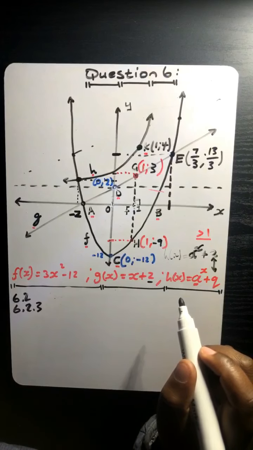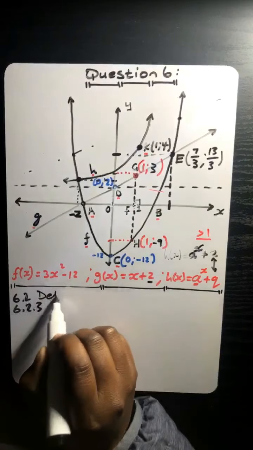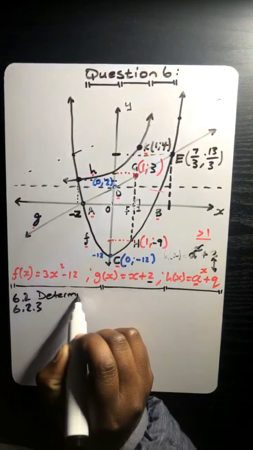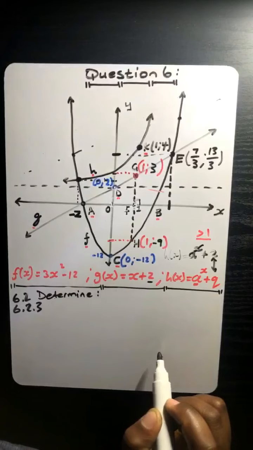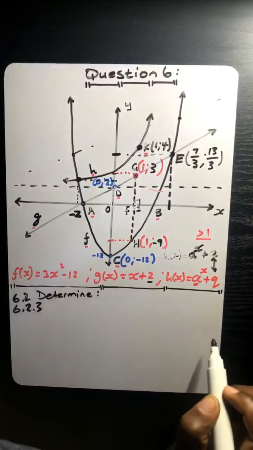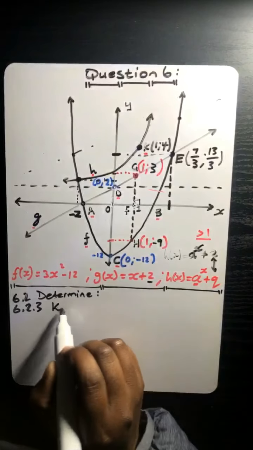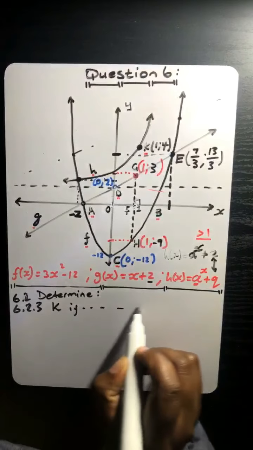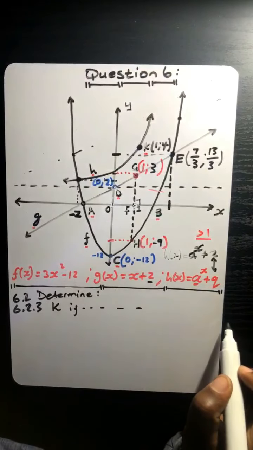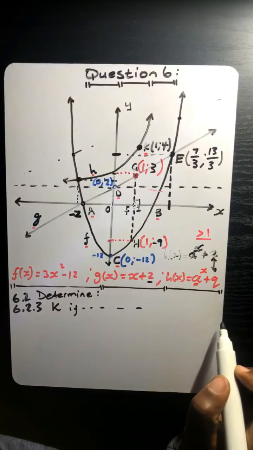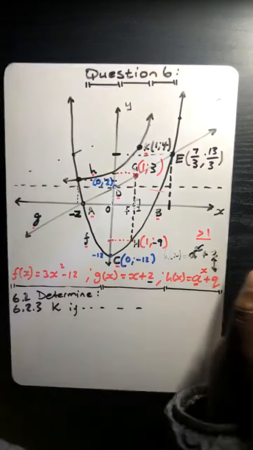Remember, the initial question on 6.2 is determine. So that means 6.2.3 says determine K if K is the reflection of F about the x-axis.